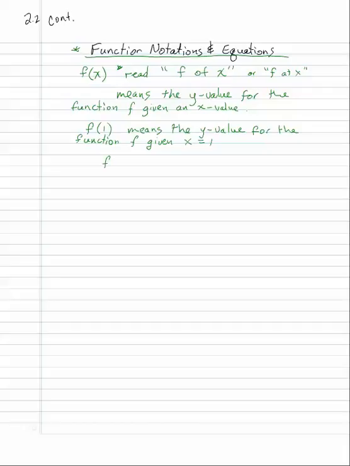So if I describe f to be this function, 1, 2, 3, 4, 5, 6, then f of 1 is going to be 2, because it's the y value that gets paired with x equals 1.